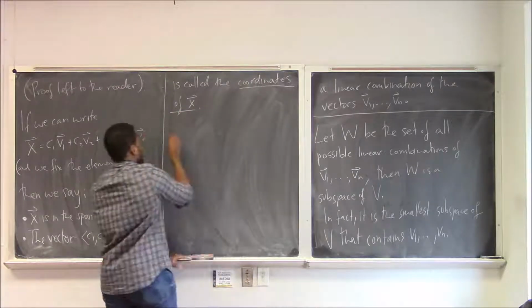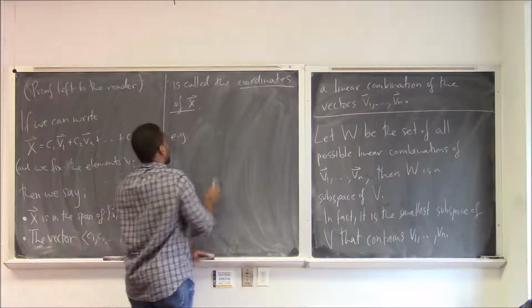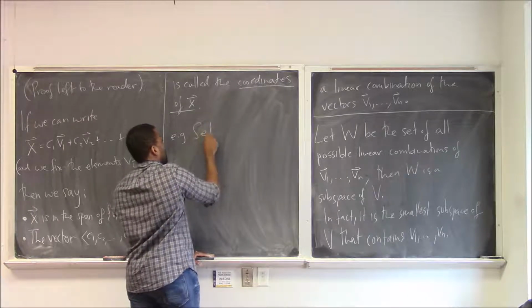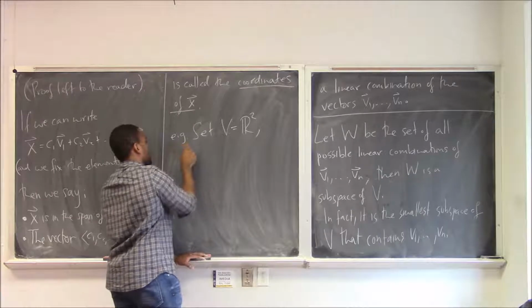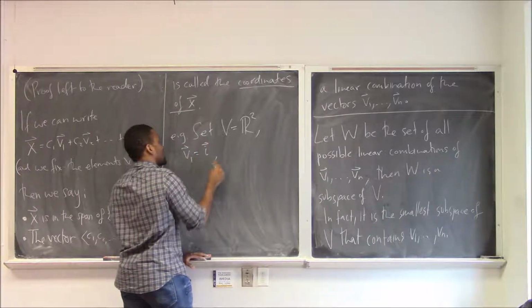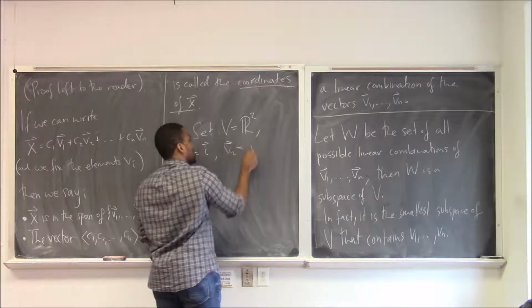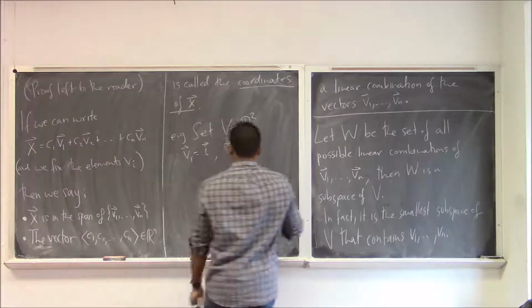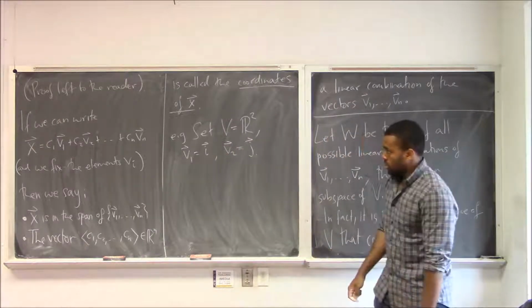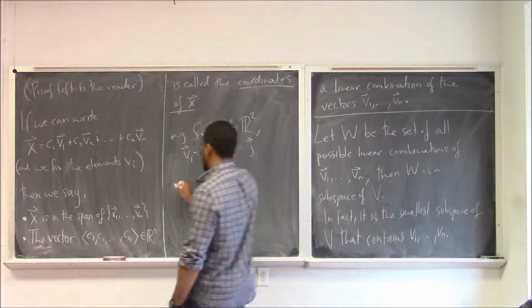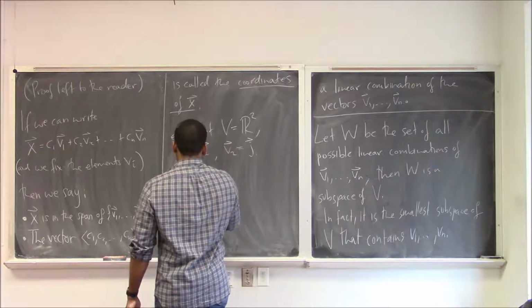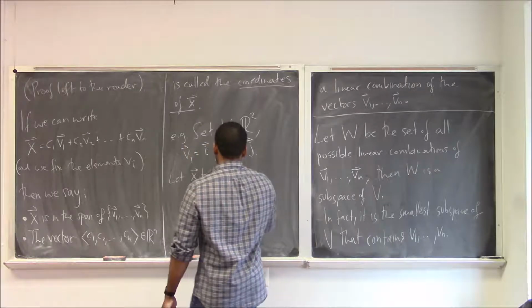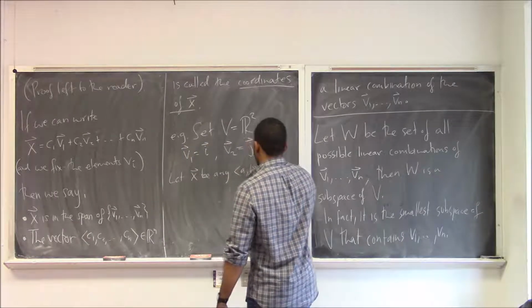So, example. Set V equals R2. Set the vector V1 to be your i vector. Set the vector V2 to be your j vector. And let X be any vector (a, b) in R2.